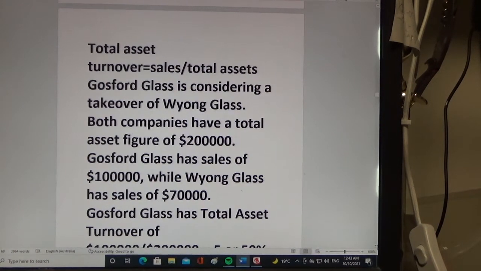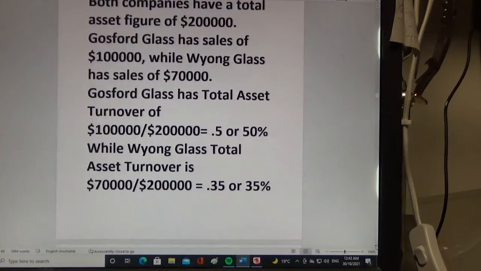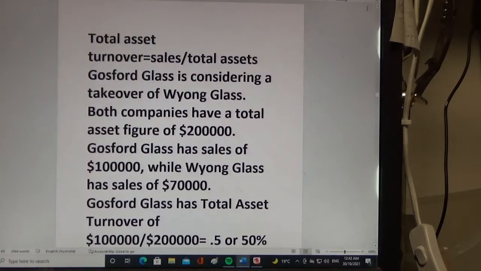Gosford Glass is considering a takeover of Wyong Glass. Both companies have a total asset figure of 200,000. Gosford Glass has sales of 100,000, while Wyong Glass has sales of 70,000. Gosford Glass has total asset turnover of 100,000, which is, let's just refer to the formula again, sales over total assets, right?